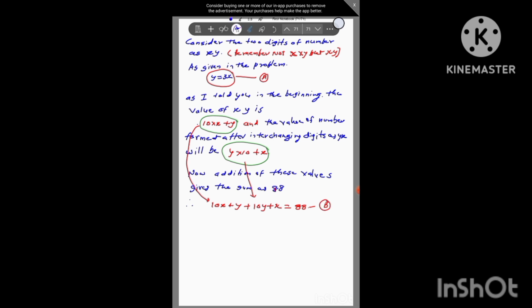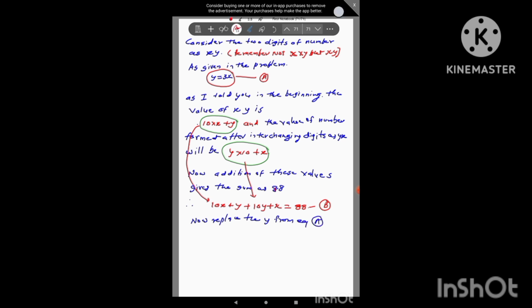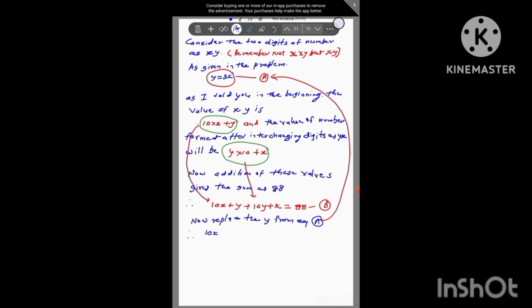Now we are replacing y with the value given in equation A, as y equals 3x. So 10x plus y becomes 10x plus 3x, and 10y plus x becomes 30x plus x, which brings your equation in one variable.